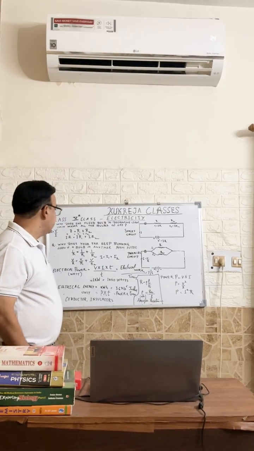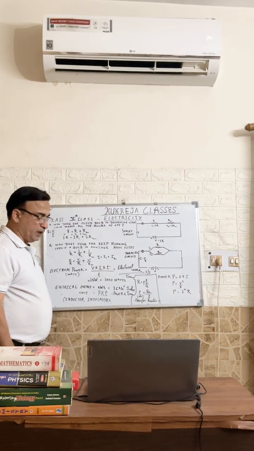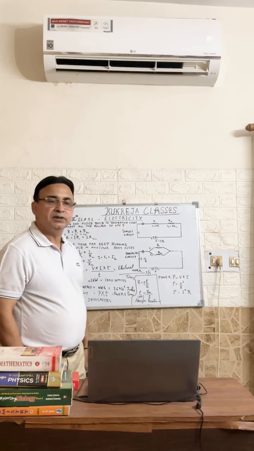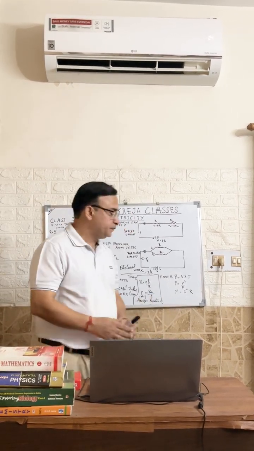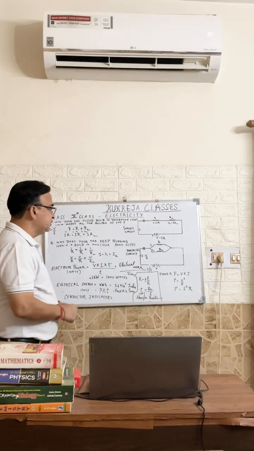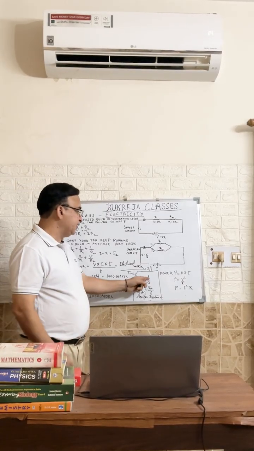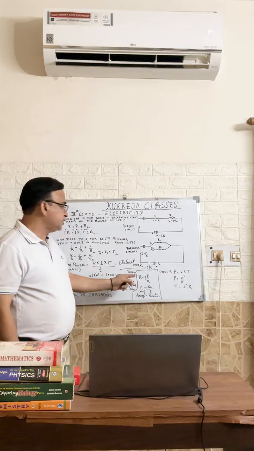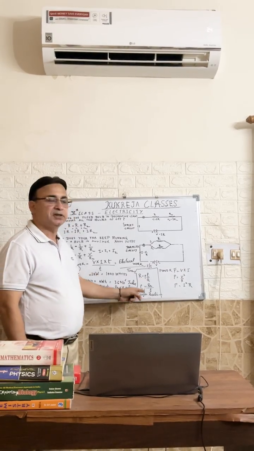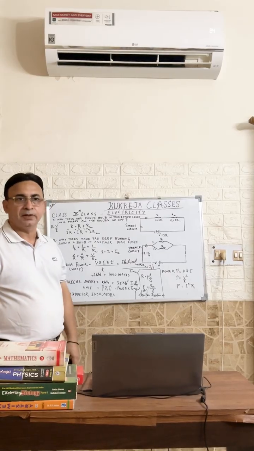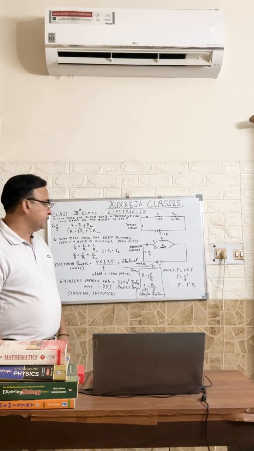As I have told you, the resistance of a conductor depends upon its length, and resistance is directly proportional to the length of the conductor. Resistance of the conductor is inversely proportional to the thickness, or area of cross section, of the conductor.